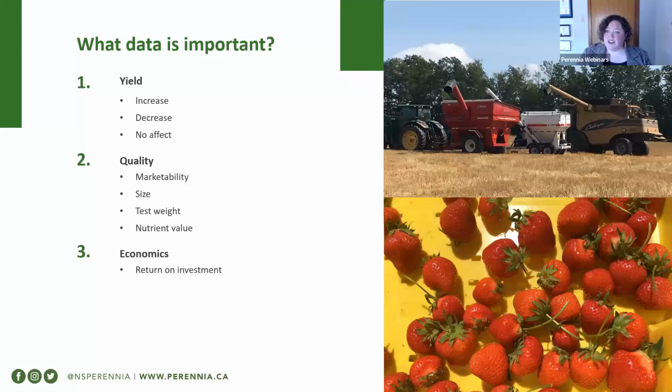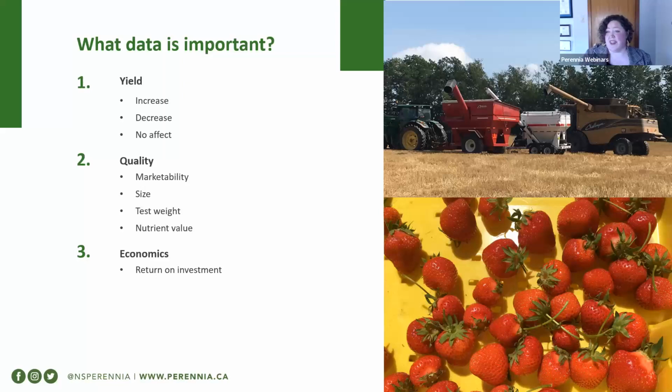So once you have a question, you want to decide what data is important. Those could be very simple things like yield. Did it increase? Did it decrease? Or did it stay the same? Because that's also an answer. It could be things like quality. So marketability, what percentage of the crop is marketable? It could be size.